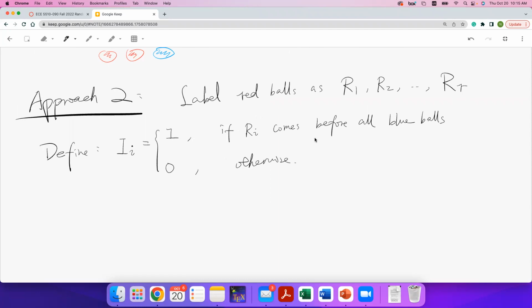Okay? It may or may not come out before all the blue balls. It's a random thing. But with this indicator, the total number of red balls before all blue balls, that random variable is simply a sum of all the indicators.